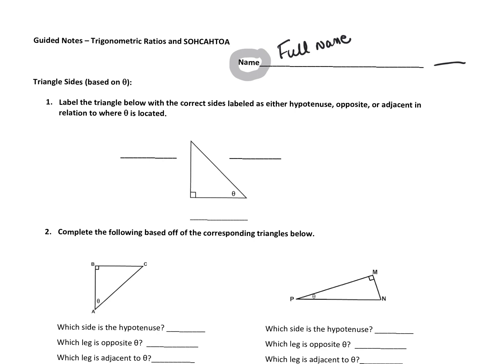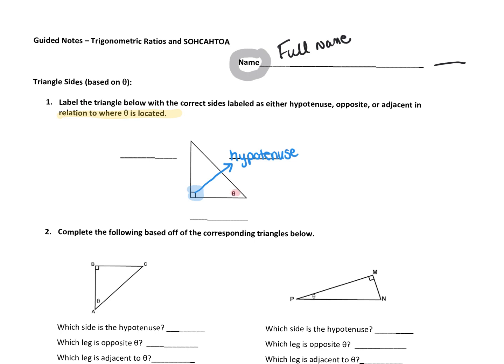It says label a triangle with the correct sides, either hypotenuse, opposite, or adjacent. And the key right here is relation to where theta is located. So across from my 90-degree angle right here is always the hypotenuse. And by across, I mean I'm going to go across the triangle like that. It's always the hypotenuse.